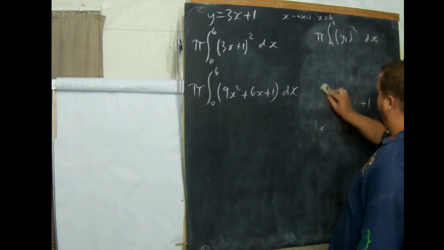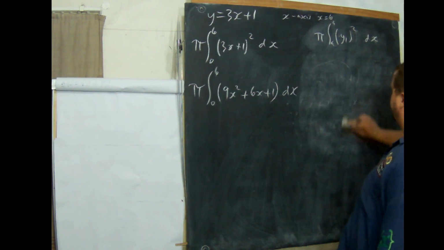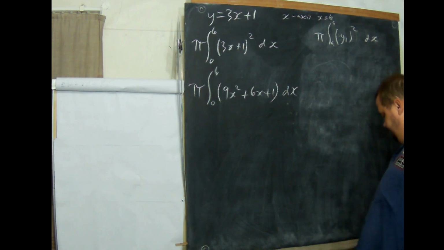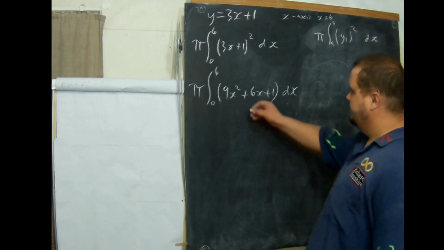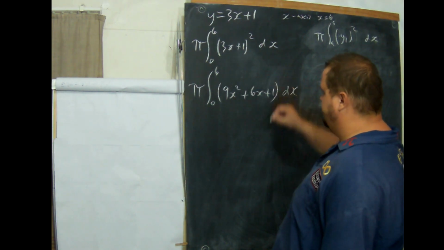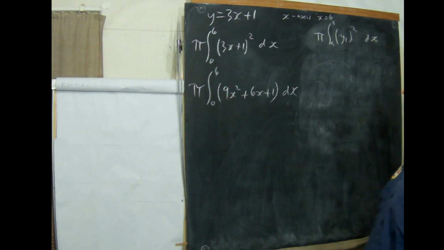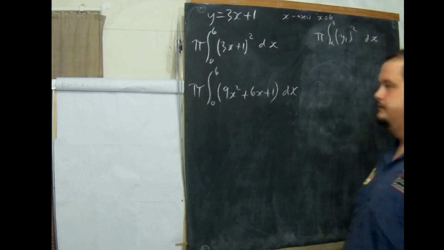Okay, so now what we're going to do is integrate. Now all of these will have an integral sign in front of them, and then all we have to do is subtract the one from the other.